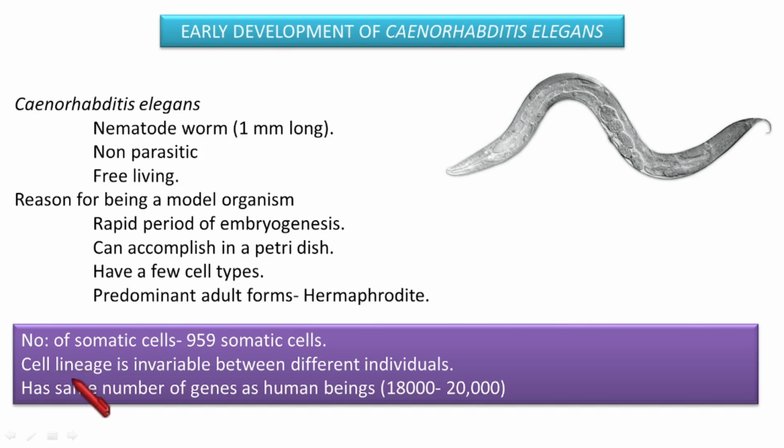That is cell lineage, and it is the same between different individuals. It will not change. And one more interesting thing is that even though this worm is so small, it has almost the same number of genes as human beings, about 18,000 to 20,000.